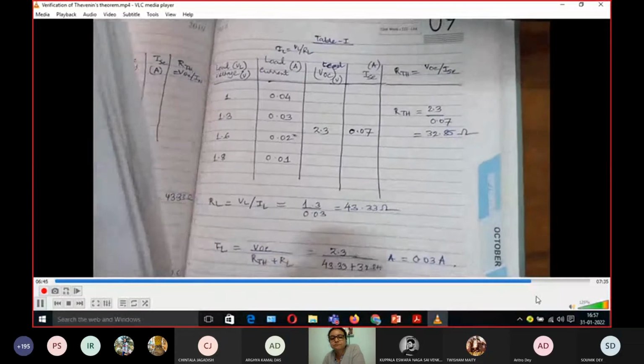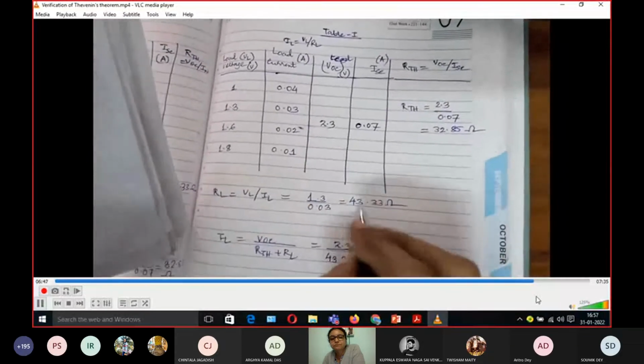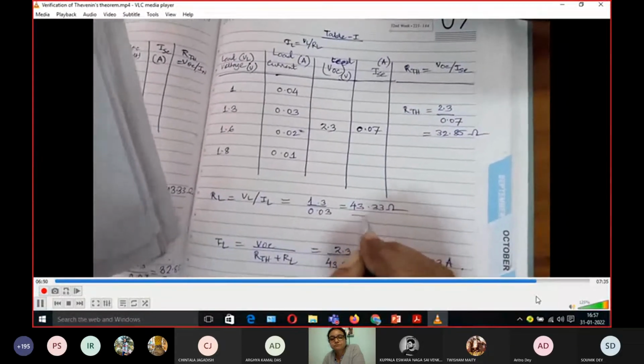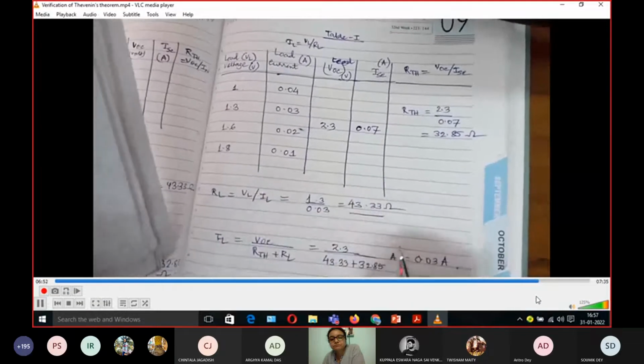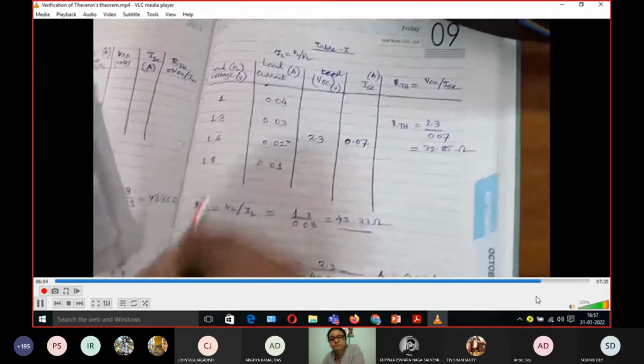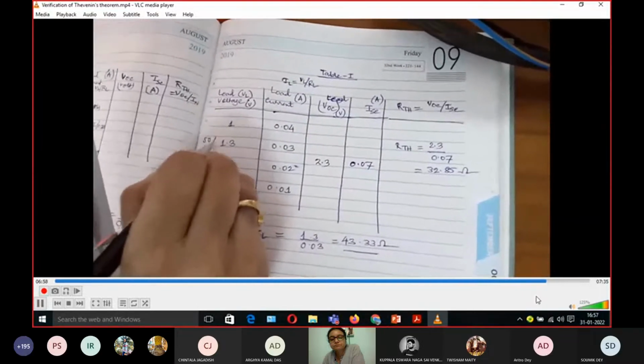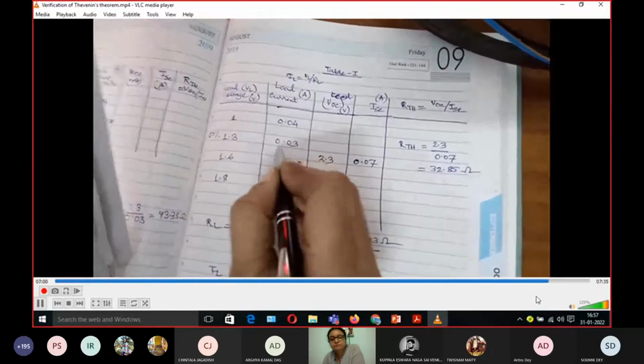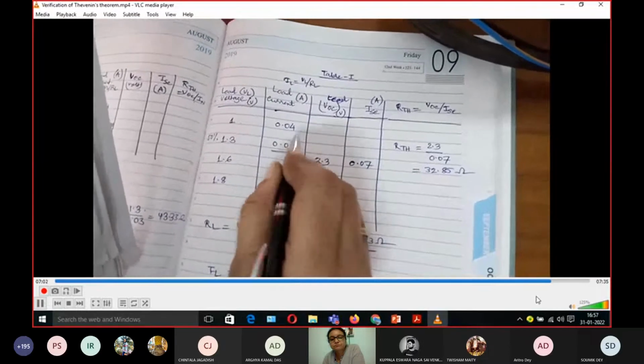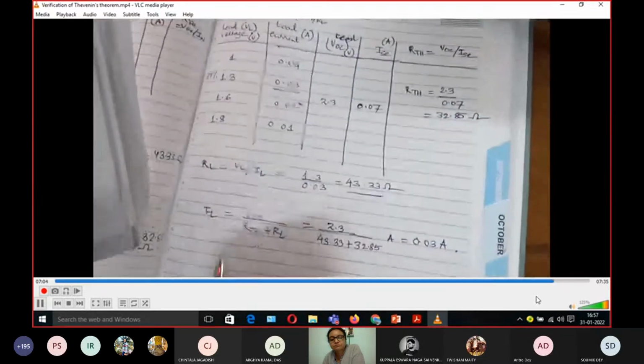Now let me explain how to verify this. RL we have roughly 43 ohm, that is VL by IL, for the 50% setting. Theoretically it is 50 and we are getting 43. Now we are going to verify whether 0.03 ampere load current is coming or not. How we will verify?